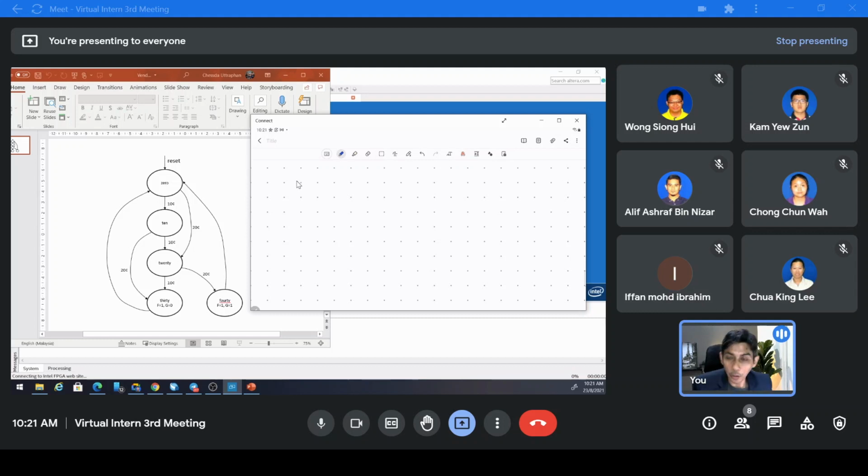So now, how do we have the circuit for this? The circuit for a finite state machine is actually quite straightforward. We have what we call the general form of the finite state machine, where the first thing that we need to have is the state register, or the flip-flops.